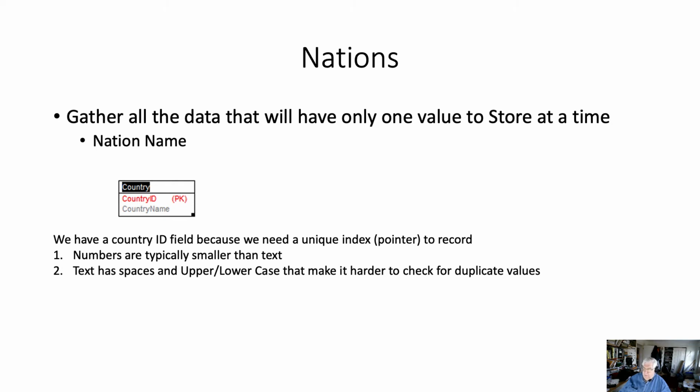Most of the time, I use a number for the primary key because I can store more information in a smaller area with a number, and because I don't have to worry about cases or spaces or all that sort of trouble. So the first two fields I'm going to have in my country table are the country ID and the country name.